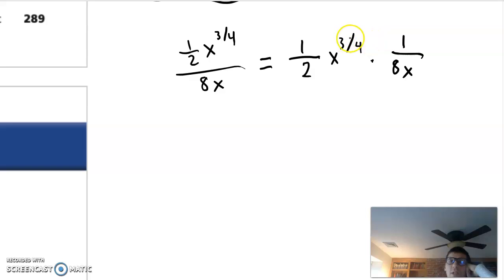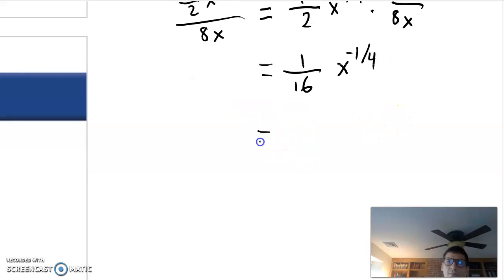So what we end up seeing is that we would get 1/2 times 1/8, which is just 1/16. And we would get x to the 3/4 divided by x, same thing we had over here. And we would get x to the -1/4 power, which we could then rewrite as 1/16 times, if you wanted to, the 4th root of x.